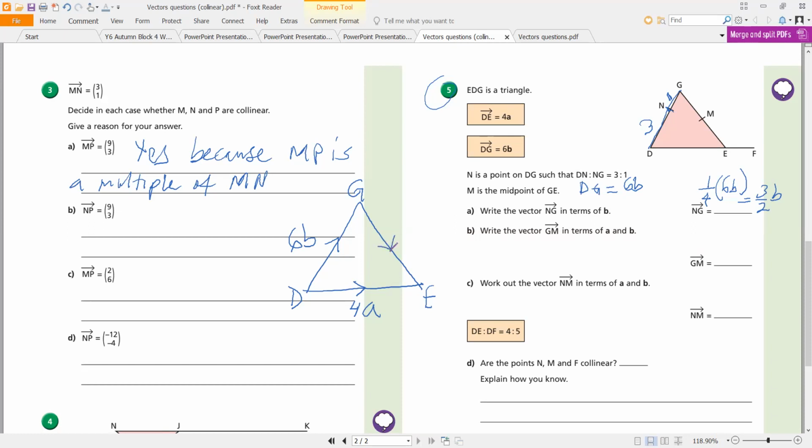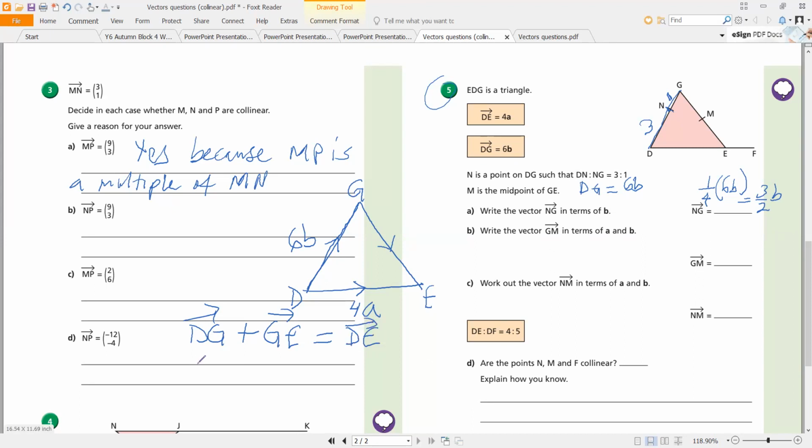So for me to find G to E, what do I need to do? Remember, the vector is just like a journey. So if you're moving on this journey, from where? From D, you can continue in this direction. So vector DG plus vector GE must be equal to vector DE, which is coming in the opposite direction.